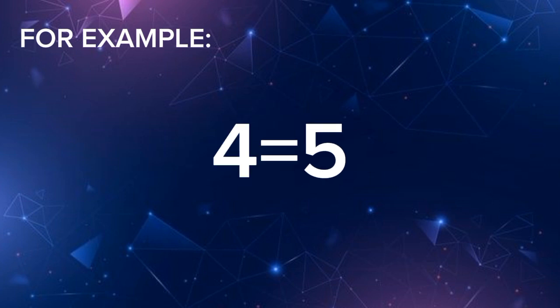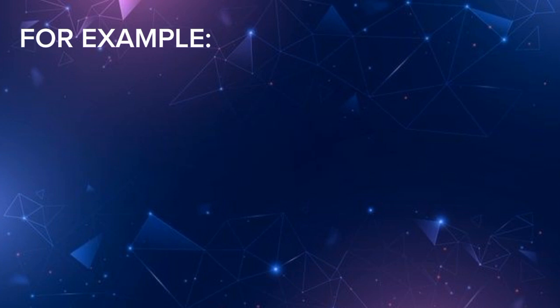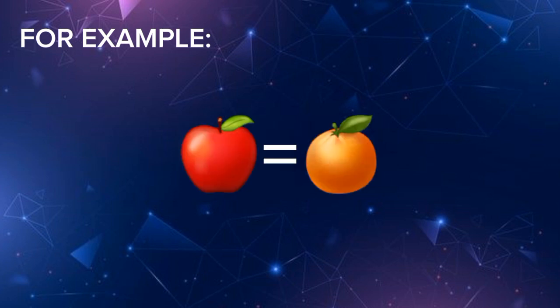And if we have 4 <> 5, it means 4 is not equal to 5, which is true because they are different. Similarly, if we have apple <> orange, it means apple is not equal to orange, which is also true because they are different.